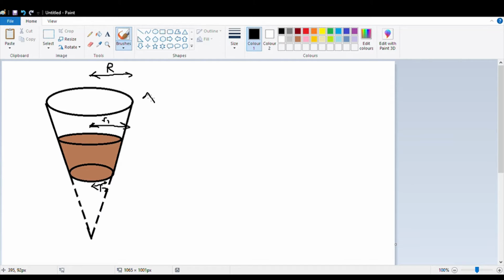Let's say the height of the cup is H. The height of the tea is actually H dash.